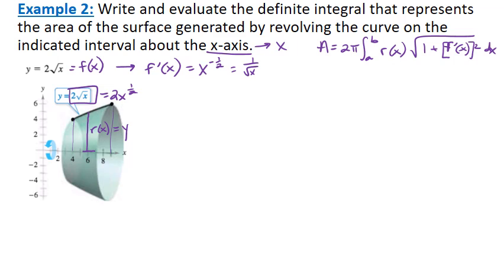So let's go ahead and plug this in. Our surface area will be found by taking 2 pi times the integral from 4 to 9 of r of x, which we found to be 2 root x, times the square root of 1 plus f prime, which is 1 over root x, squared.